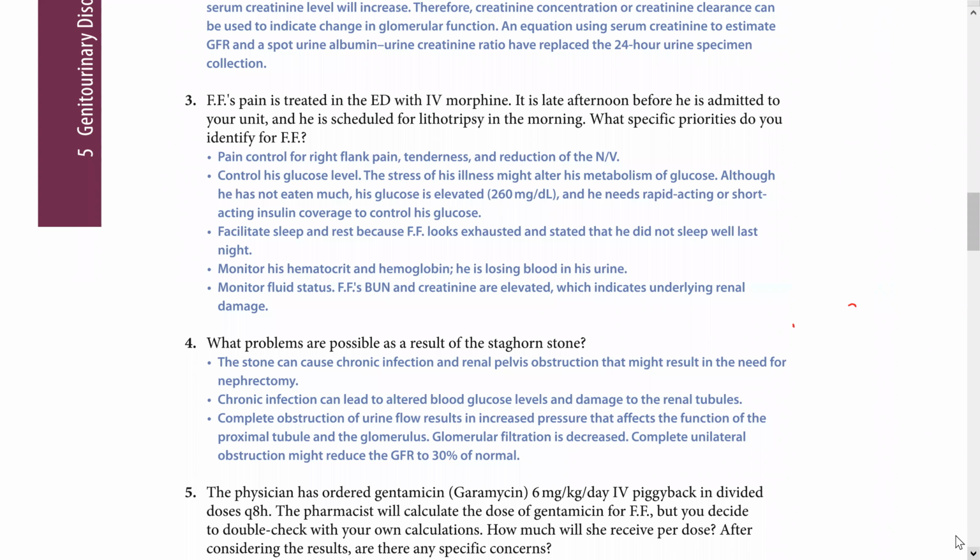Okay. So if you did that result on FF and it came back and it was 12, what would be your next steps? So if this is your patient, what would be your next steps? You need to contact the doctor. One or two things is going to happen.